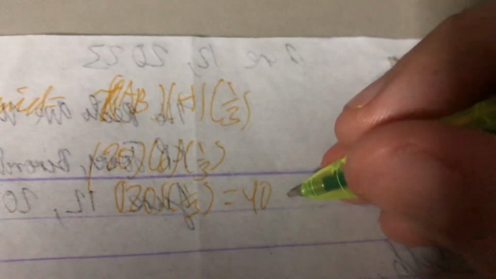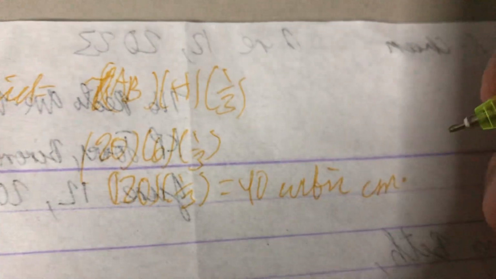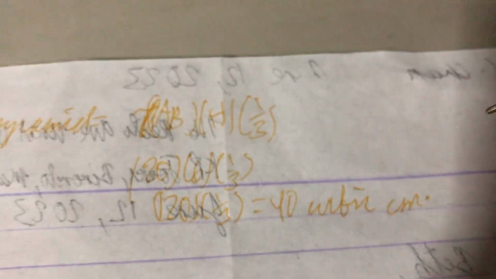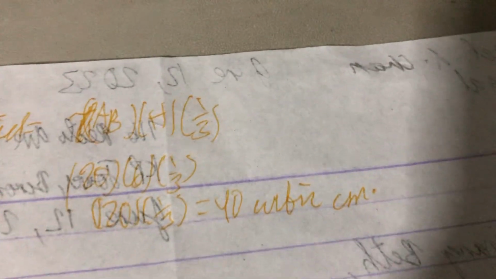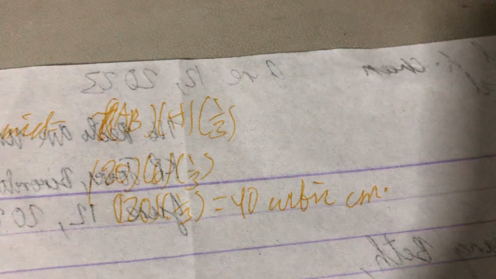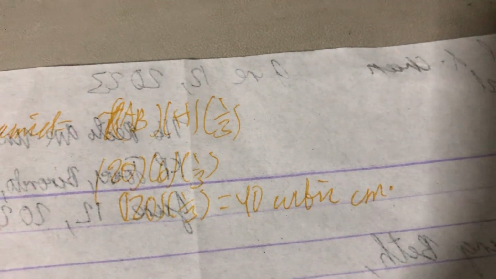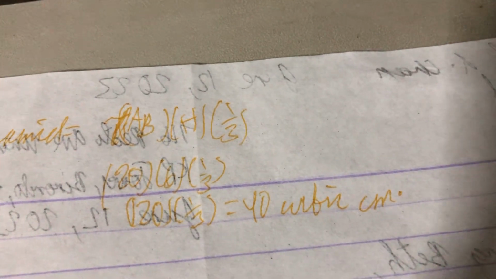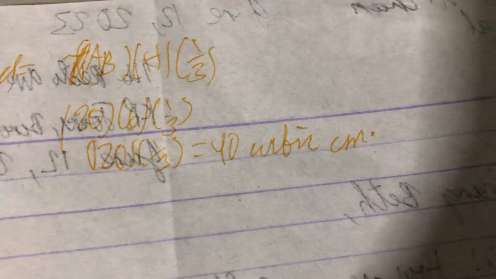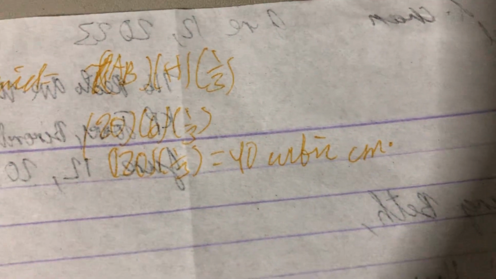So therefore, our volume is 40 cubic centimeters. Some people might be asking me, what's the purpose of dividing it by 3? It's because if you have a prism with the exact same height and base, it will take 3 of those pyramids to fill up one prism whose height and base are congruent.